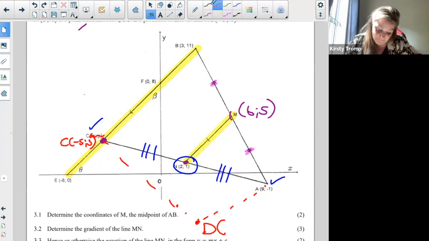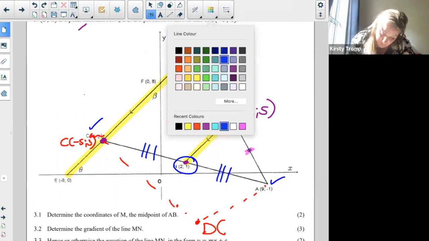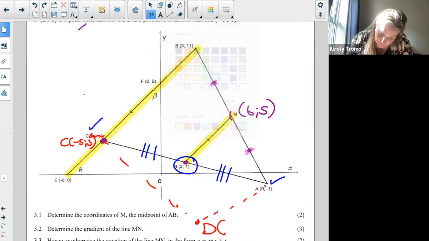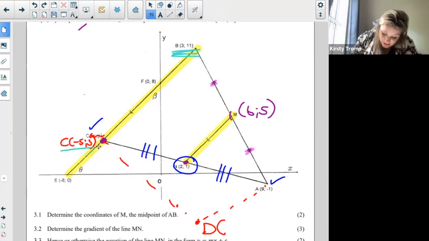To get from B to C, what did you do to the x's?